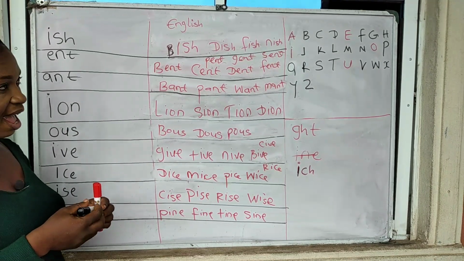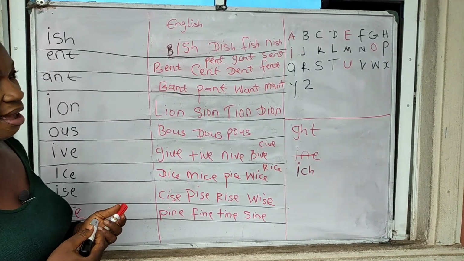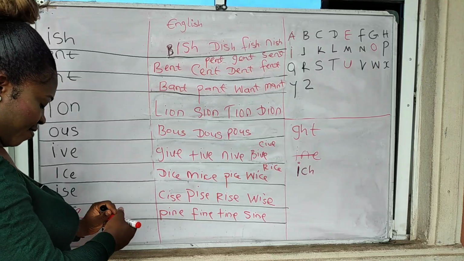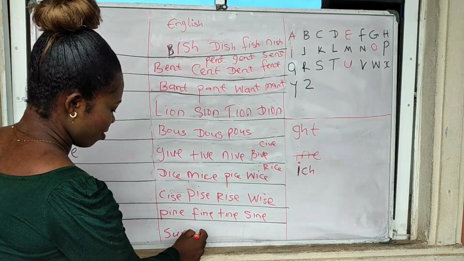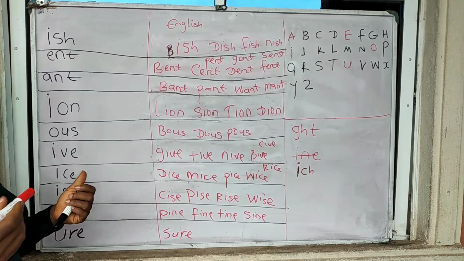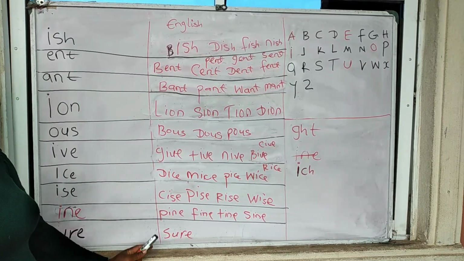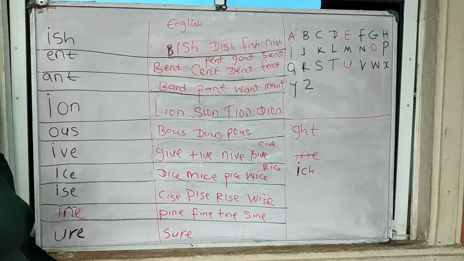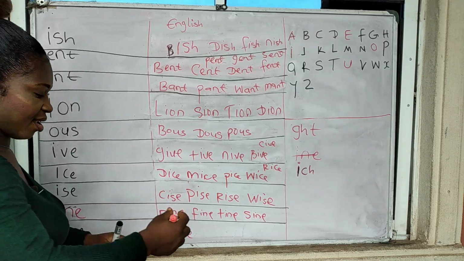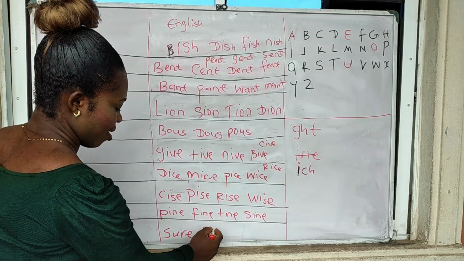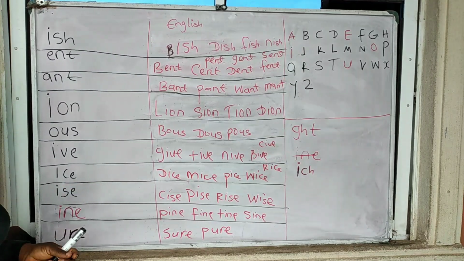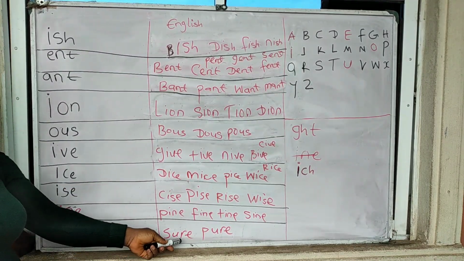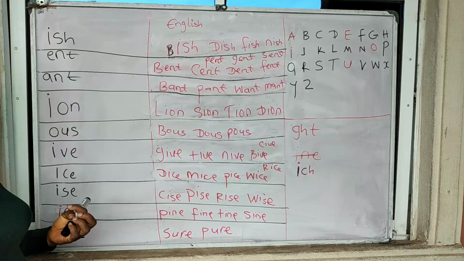For instance, when I decide to take S, I have SUR, it becomes sure. This is sure. And if I choose P, I have pure. Okay, so most of these letters are silent.